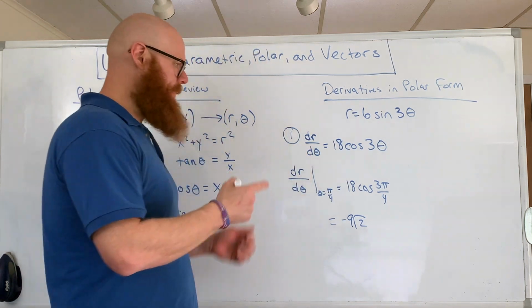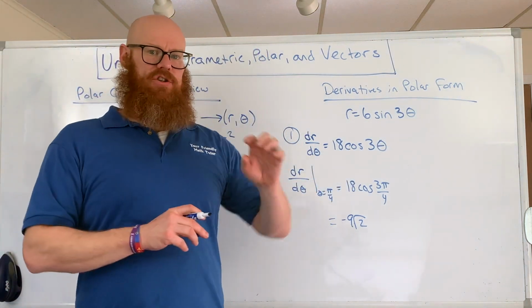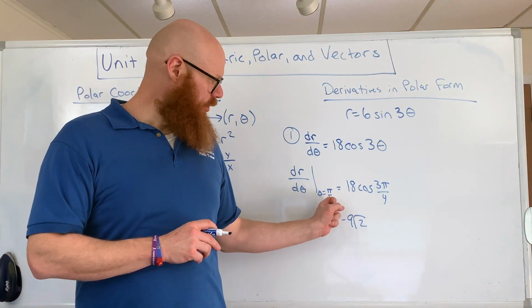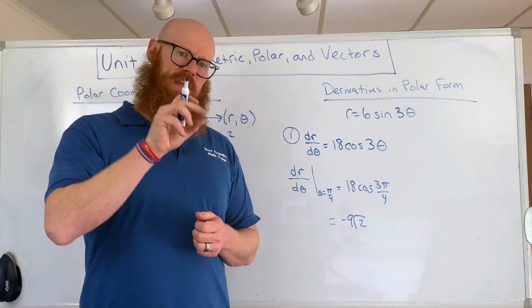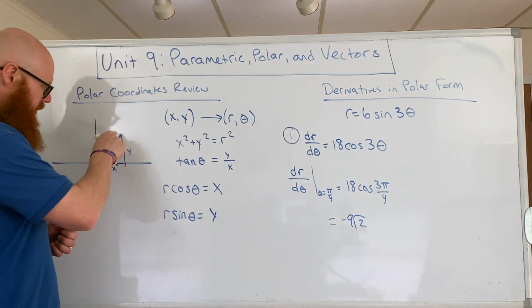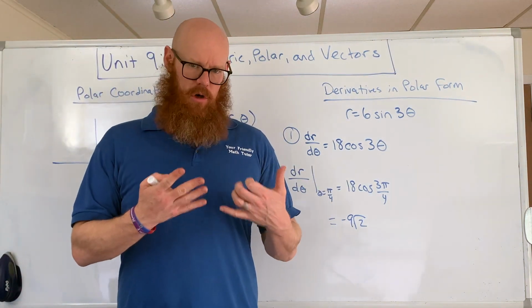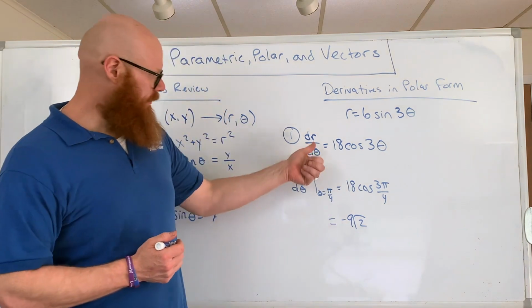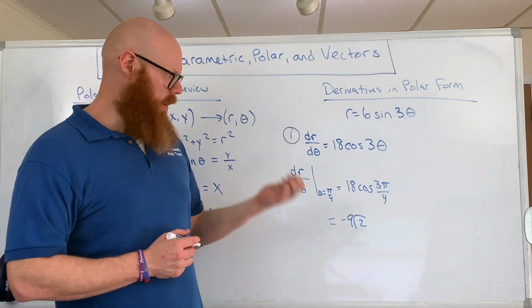And what that means, so what dr d theta actually means, is the rate at which r is changing with respect to theta. So at a particular theta, it's telling us the rate at which the distance to the origin, r, is changing. So if they want to know the rate at which the distance to the origin is changing with respect to the angle, you're going to find dr d theta. And in this case, it would just be negative 9 root 2.